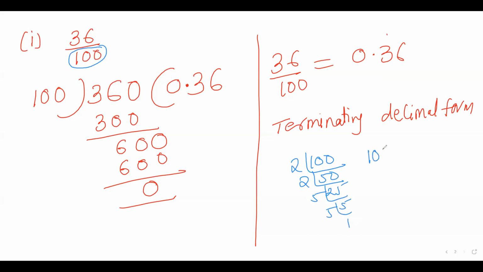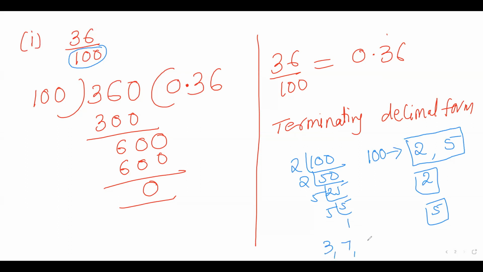In the factorization of the denominator, if you are getting 2s and 5s, or only 2s, or only 5s, in that case you will get terminating decimal. Along with 2 and 5, if any other prime number like 3, 7, 11, 13, 17, 19 is involved, then it will be non-terminating repeating decimal.